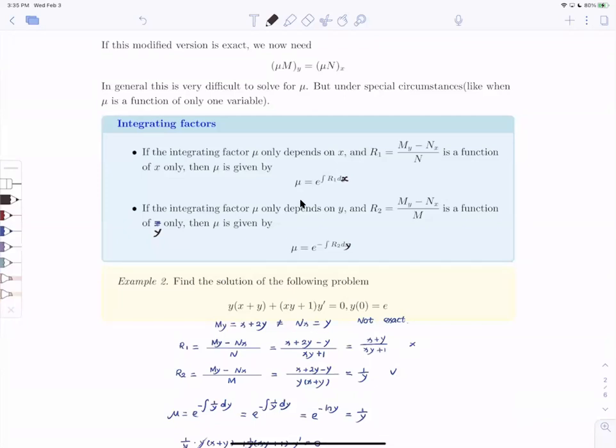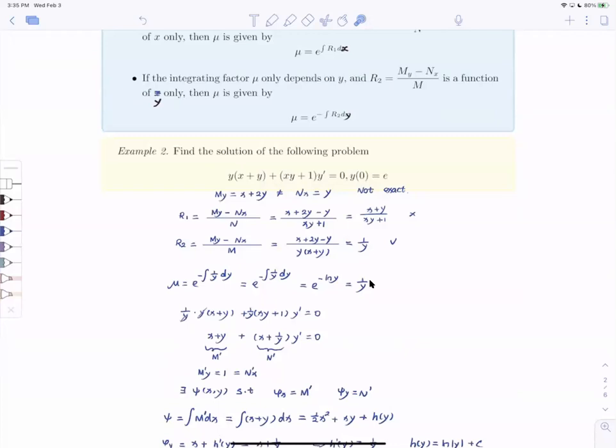I looked at your homework. I think she literally told you what your mu is. Yeah, she literally told you if you multiply by something, then you can get an exact equation. So she doesn't even expect you to find your mu, like what I'm doing here.